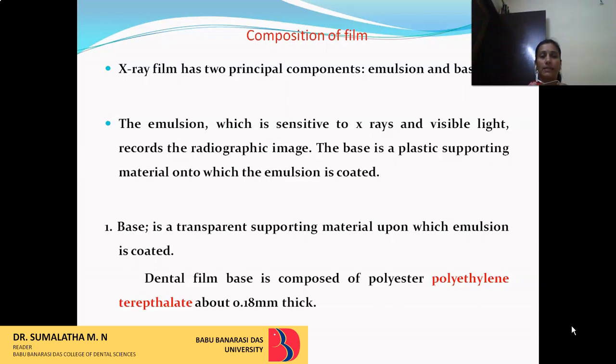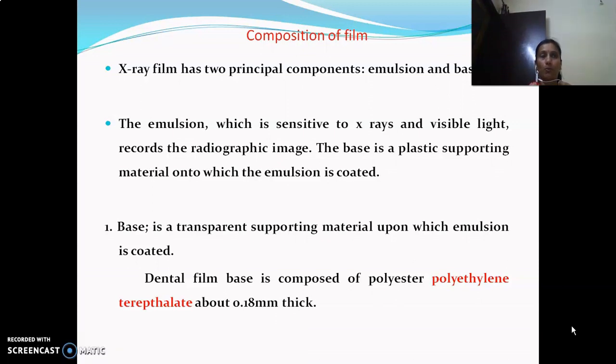The base is a plastic, transparent supporting material onto which the emulsion is coated. Dental film base is composed of polyester polyethylene terephthalate, which is about 0.18 mm thick.